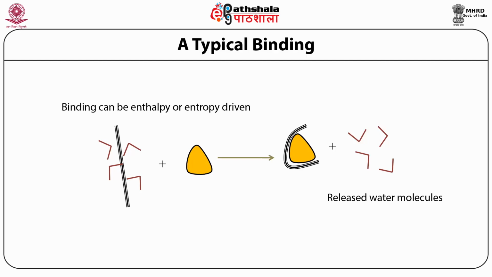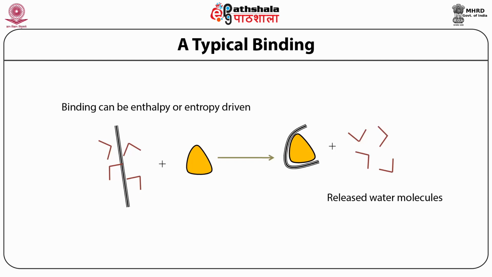And there are water molecules around both protein and ligand. When protein binds to ligand, which you can see on the right side, some water is going to be expelled, and that is written as released water molecules. When water is released, it comes out from a hydrophobic surface, it gains entropy.